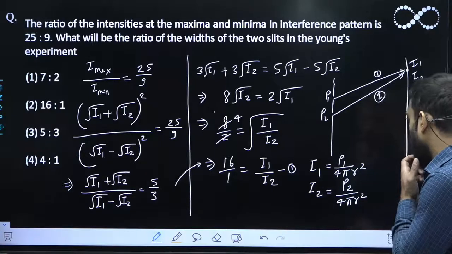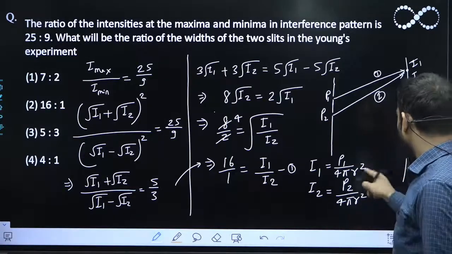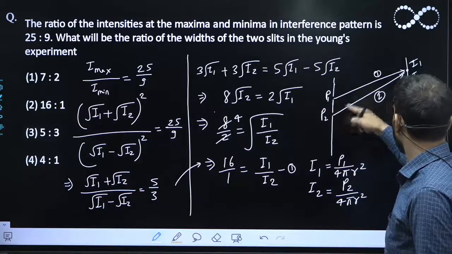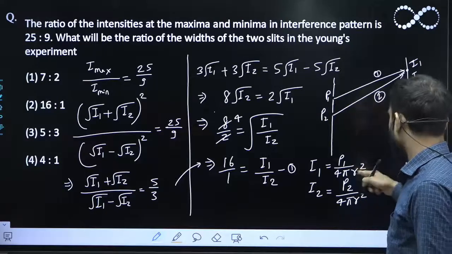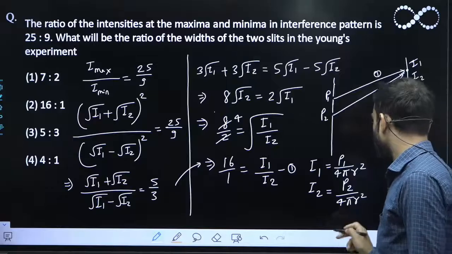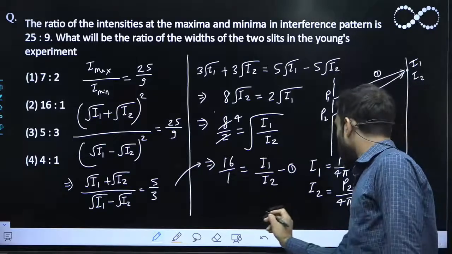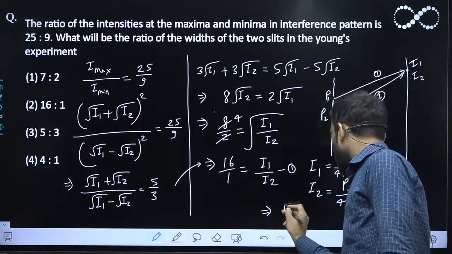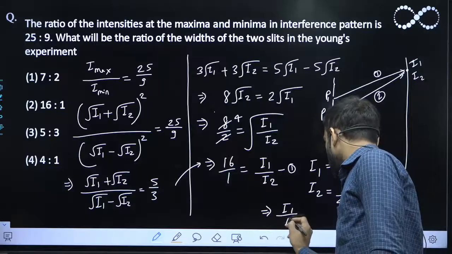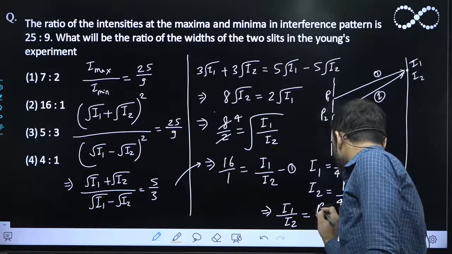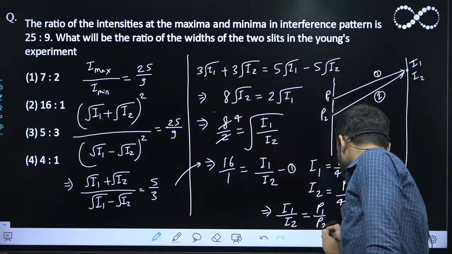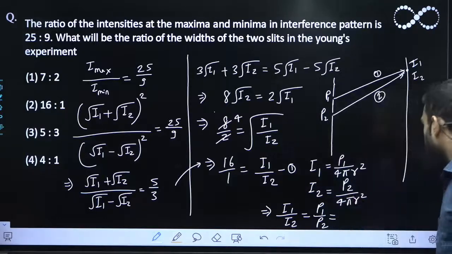The distance of these two slits from this point will be the same, approximately r. So from here I can say I1 upon I2 will be equal to P1 upon P2, because 4 pi r square will get cancelled out.